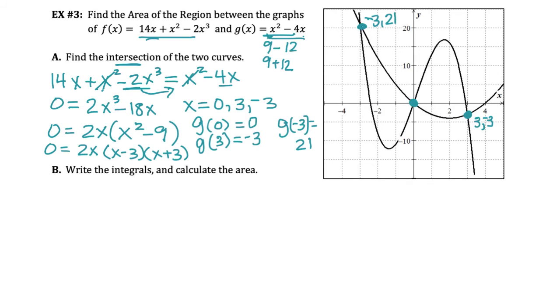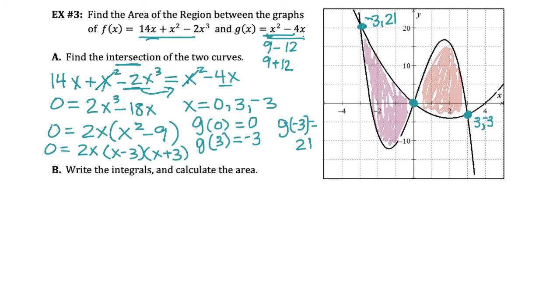And this is going to be a little bit lengthy here. So we've got two areas. Let's identify those areas. So the first area that we have is this area here. That's going to be the first one. And remember, it's the top function minus the bottom function. And let's see, the second function, or second region, is over here.